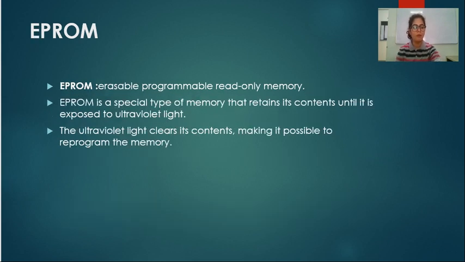Next category of ROM is EPROM. EPROM stands for Erasable Programmable Read-Only Memory. EPROM is a special type of memory that retains its contents until it is exposed to ultraviolet light. In this we make use of ultraviolet light. The ultraviolet light clears its contents, making it possible to reprogram the memory.